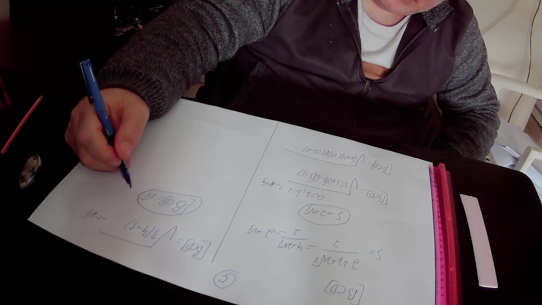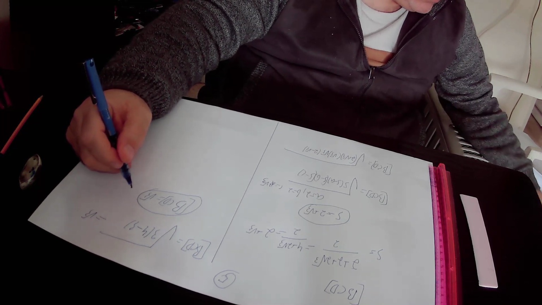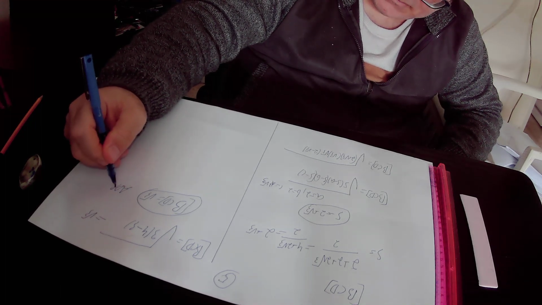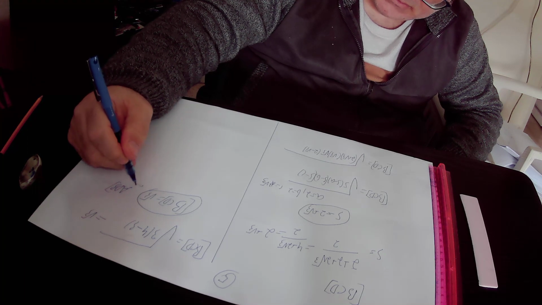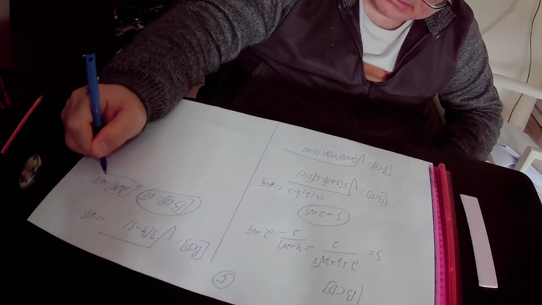And we have already found out that the area of triangle ADB equals 2 times square root of 3 square units.